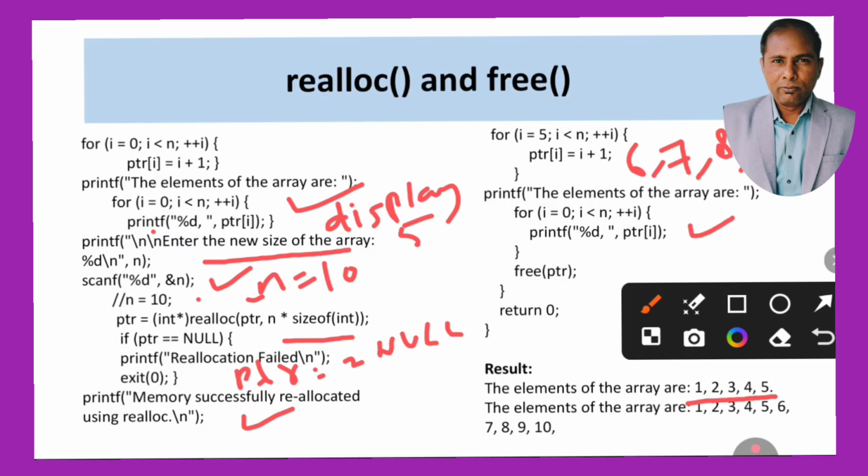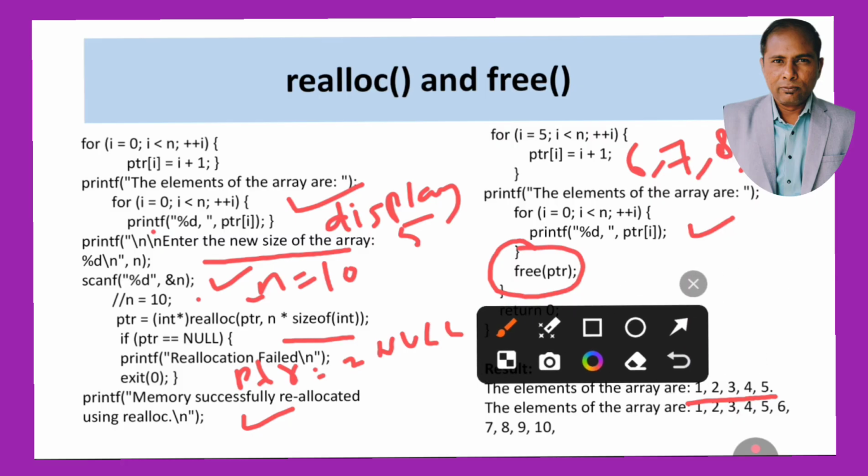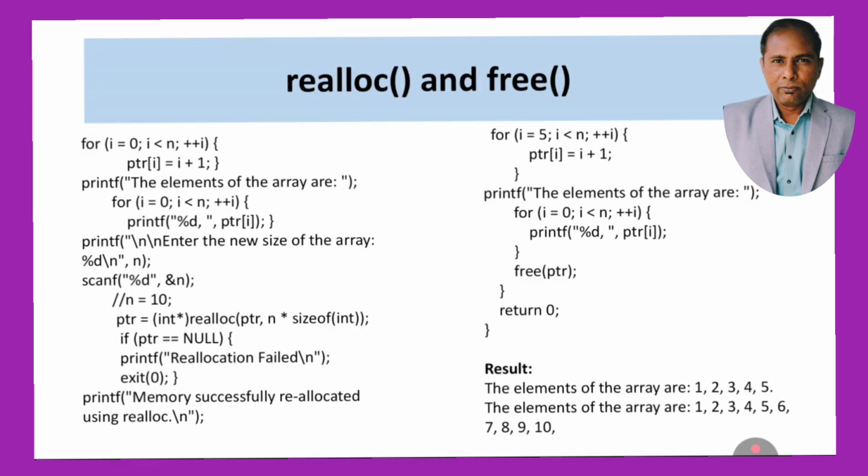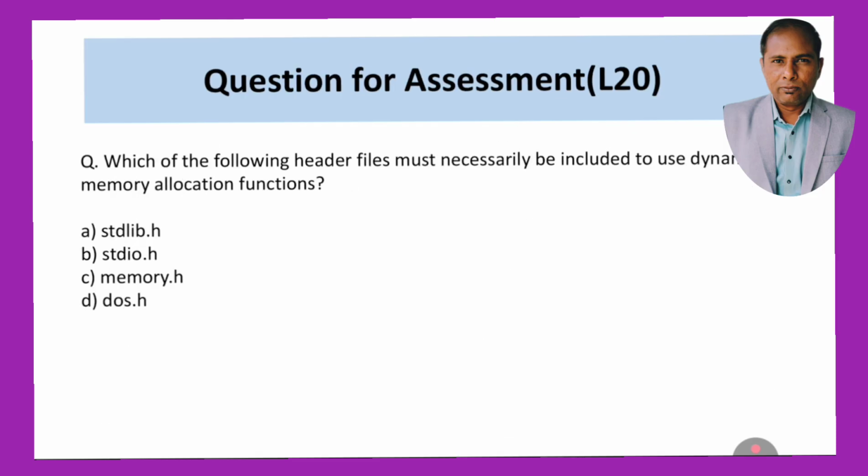Now if we have completed our work, we should free or deallocate that memory. So we are writing free(ptr) here. Like this we can use these four functions, malloc, calloc, realloc and free, in C. We can allocate the memory. If memory is not sufficient, then we can use the realloc function for reallocation, and after that we can free the memory.